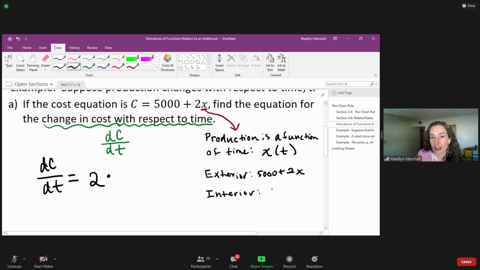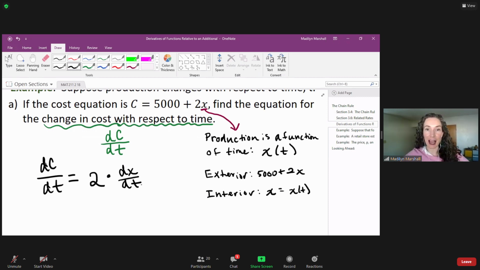Our interior is x, which is really x of t. So our derivative of our interior in this case is dx dt. Because we are taking the derivative of x with respect to time.